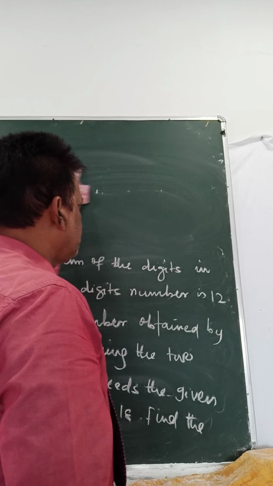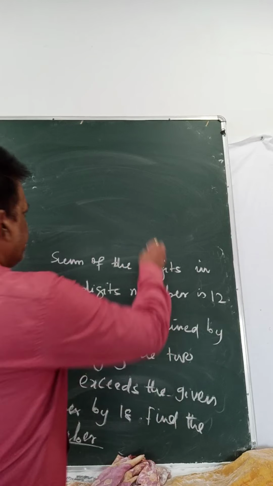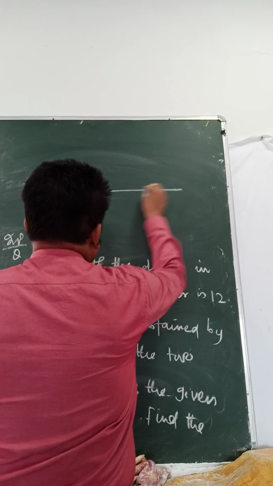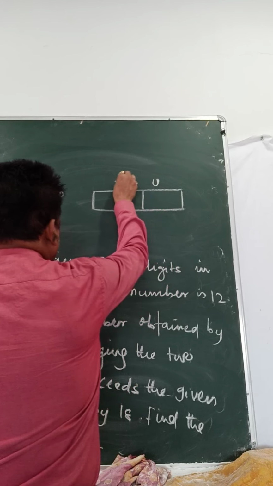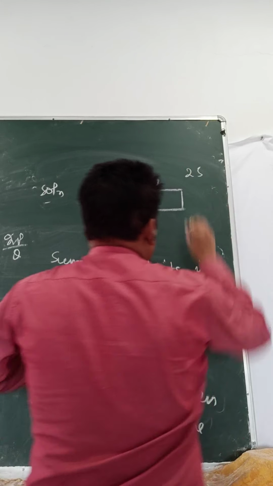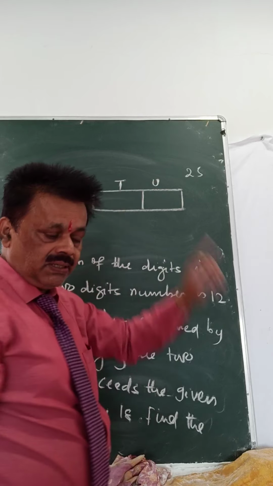When you talk about a 2-digit number, you have 2 places. One is the units place, the other one is the tens place. Just like 25: 5 comes in the units place, 2 comes in the tens place.